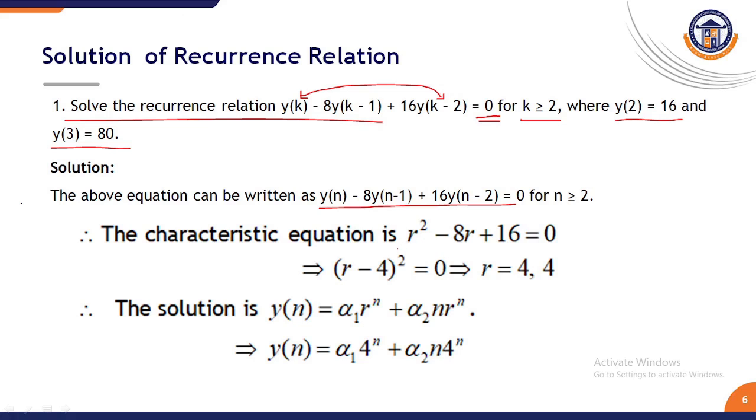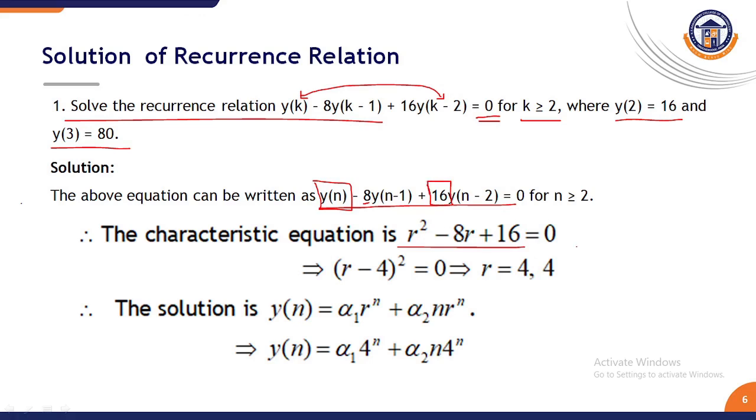So it is a second order equation. So we can form a characteristic equation at quadratic level. That is r square, this is the highest difference term. Then the next one, minus 8 into coefficient into r, plus this is the first term.